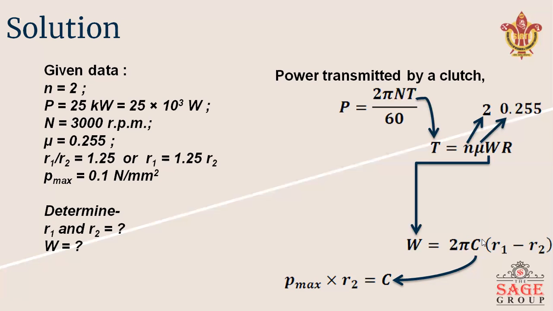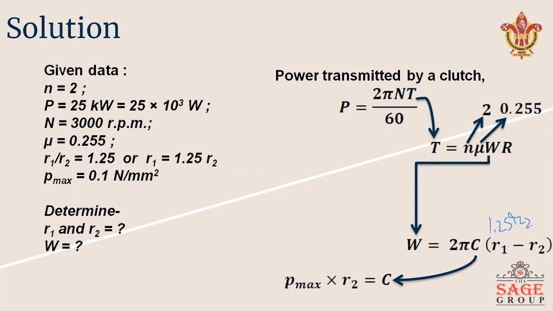So the whole equation is in terms of R2, because you can see 1.25 of R2 equals R1.